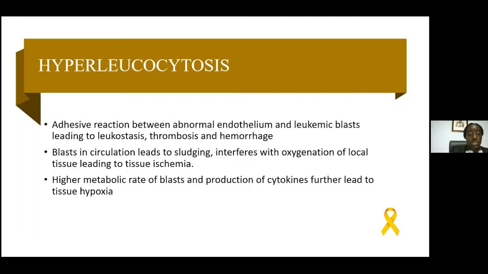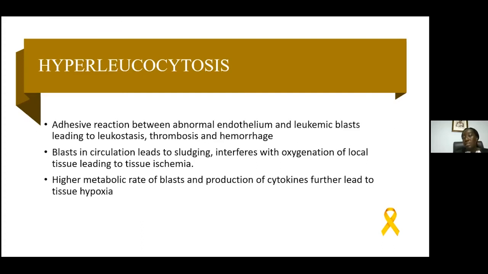What happens is that when you have a lot of these cancer cells or leukemic blasts in the bloodstream, there is increased viscosity causing stasis. These cells have a high tendency to attract themselves to each other, so they come together, reducing blood flow, what we call sludging, because of the increased viscosity.